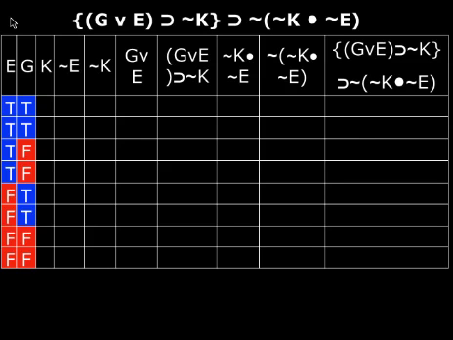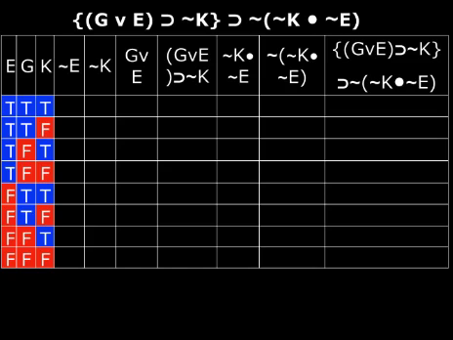I'm going to move over 1 more column and alternate by groups half as big. Well, I just did 2, so now I'm going to do 1. True, false, and so on. And everything so far so good, because the column where I alternated by groups of 1 is also my last atomic statement, which is what it should be. If that weren't the case, then I did something wrong. That would be an indicator to me that I screwed up somewhere.